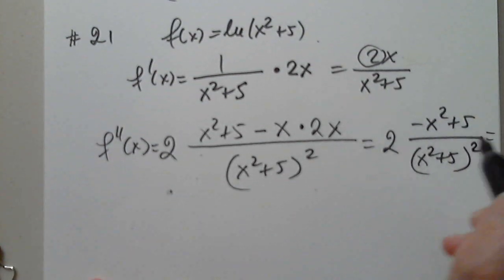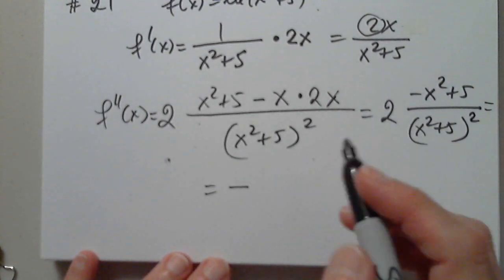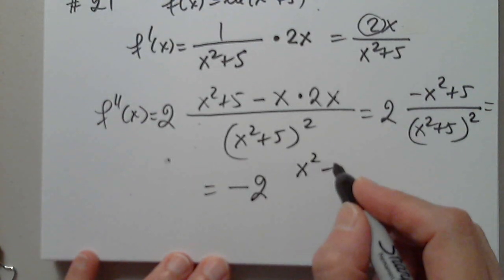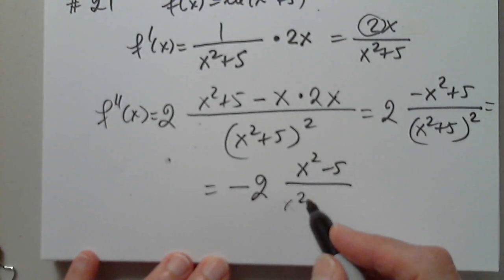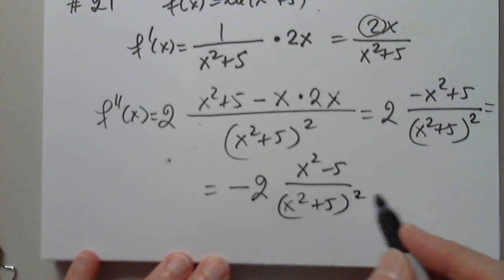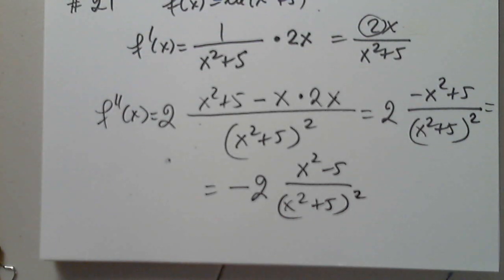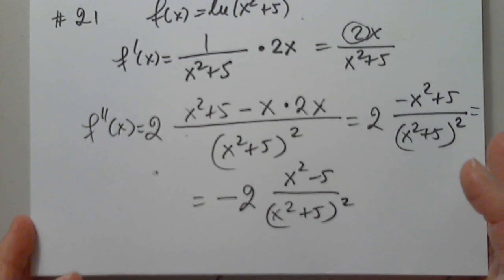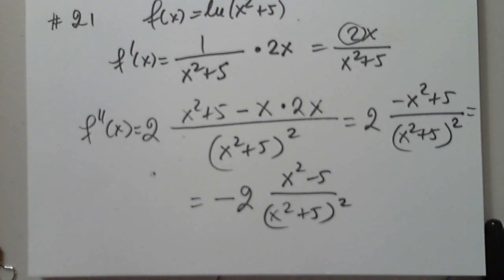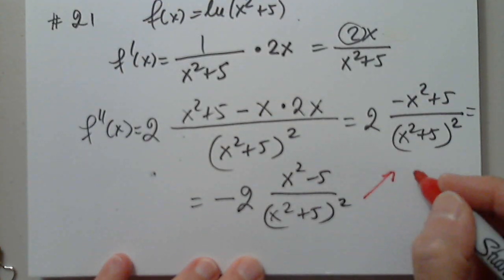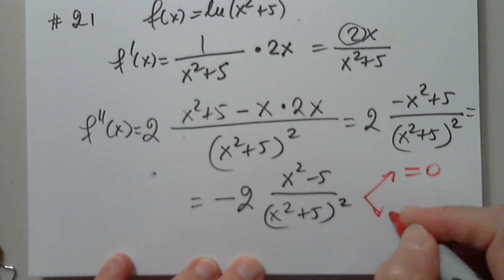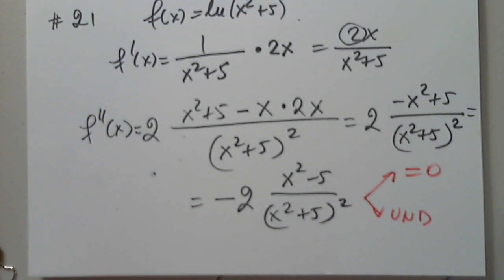And you know me, I am allergic to a negative leading coefficient. We finally obtained the second derivative. Yay! Well, I have two options: either it is 0 or undefined. Similar idea, similar situation with the first derivative.